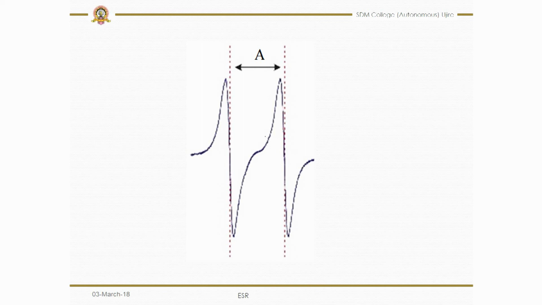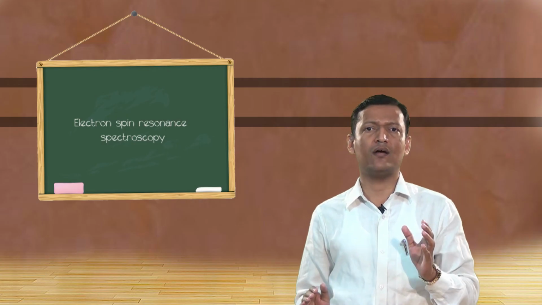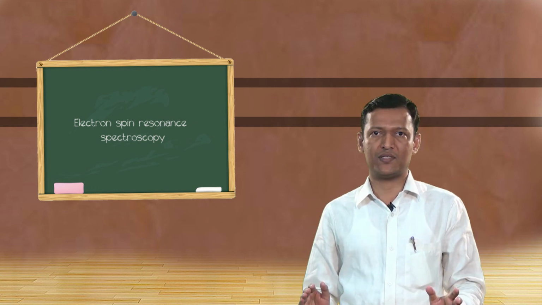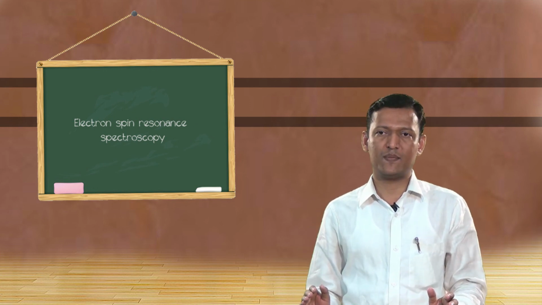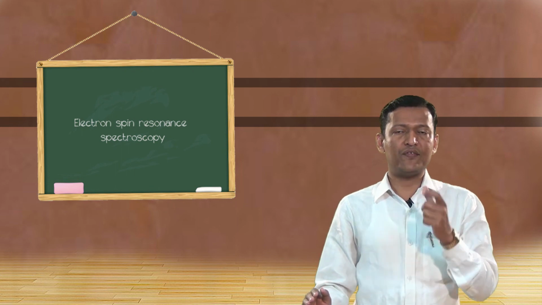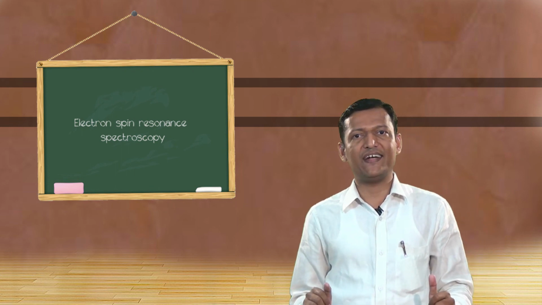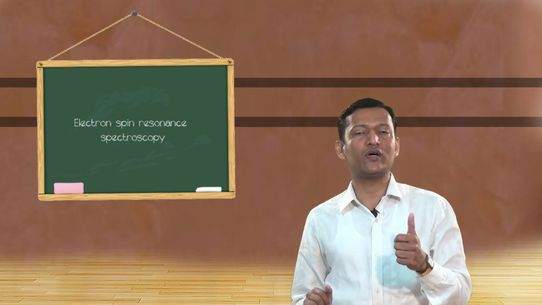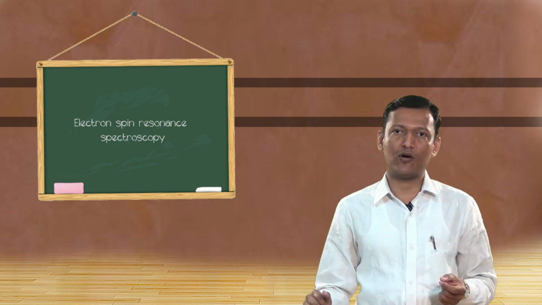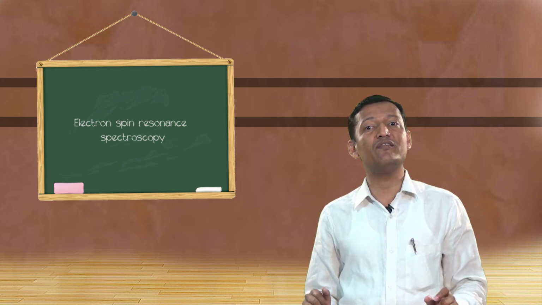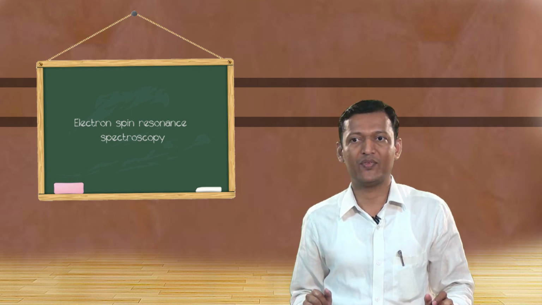In this way we are able to interpret the number of lines in free radicals or in any species which contains unpaired electrons, based on this hyperfine splitting. If an unpaired electron interacts with a nucleus having nuclear spin quantum number I, then its signal will split into 2I plus 1 lines.